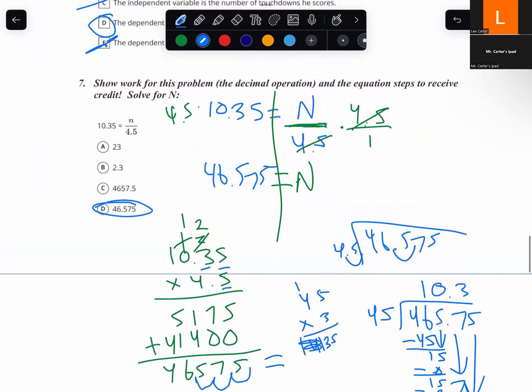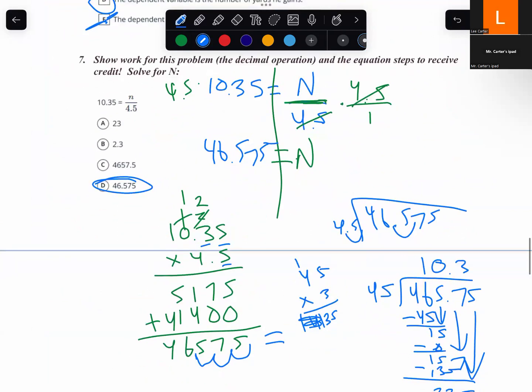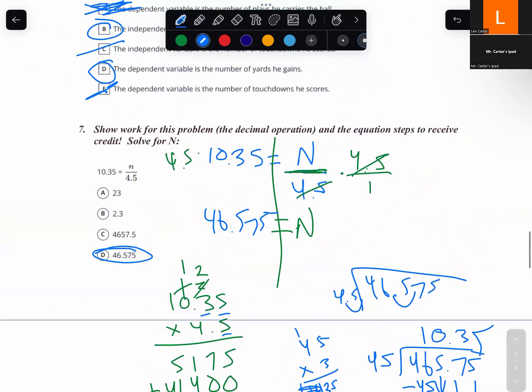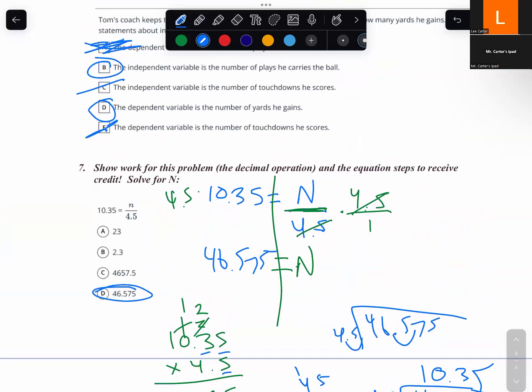A 5, I think. All right, so 45 times 5 is indeed 225. Okay, so that's good. All right, so that is our answer. Make sure you got the work on this one especially, and get your work turned in.